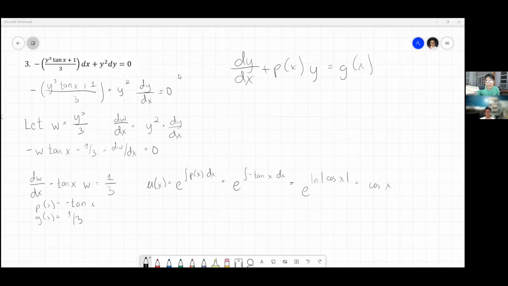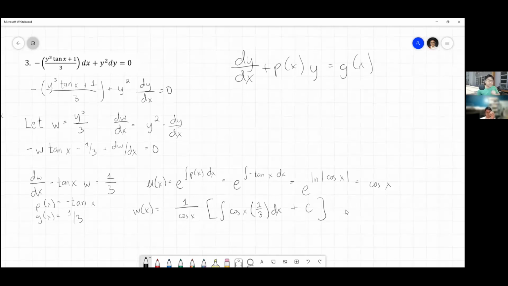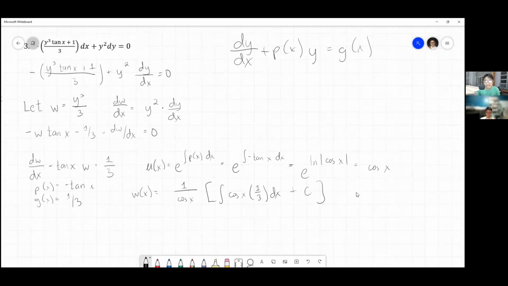Okay? So, yung ating w, since w pa yung sinosolve natin, is 1 over cosine x times integral ni mu cosine of x times g, which is 1/3 dx. And then meron tayong plus integration constant. So, ang integral ni cosine of x is sine of x.